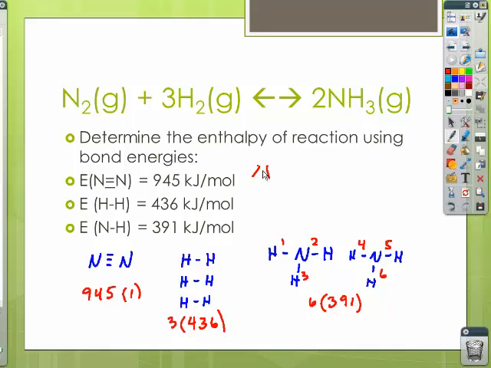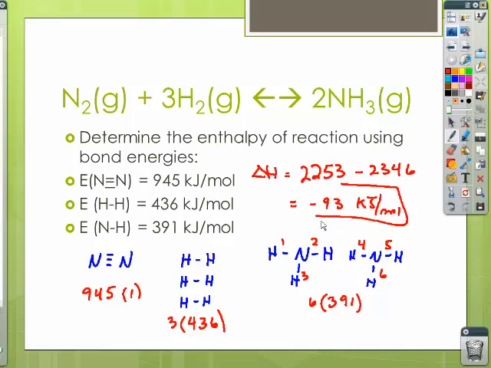So you do delta H is your reactants. 3 times 436 plus 945 is 2253, minus 6 times 391, 2346. And your difference is negative 93 kilojoules per mole.